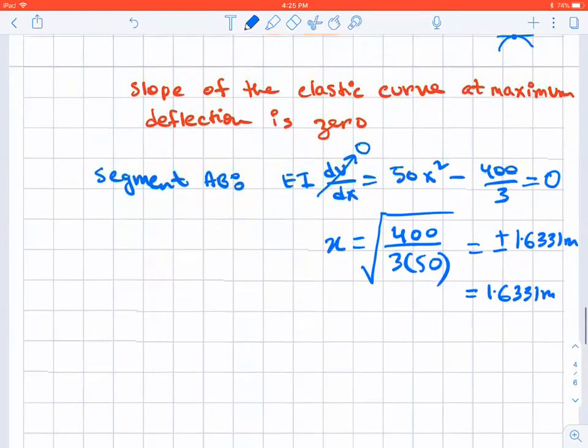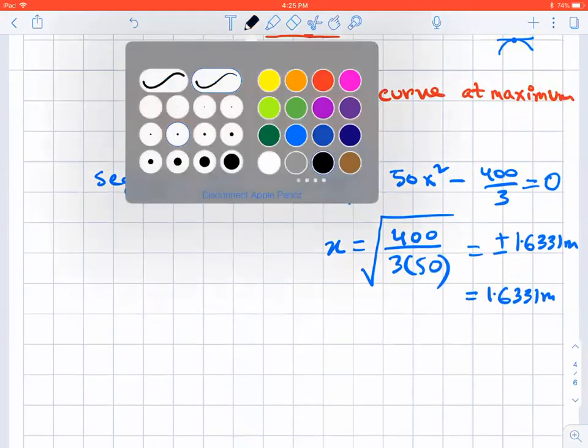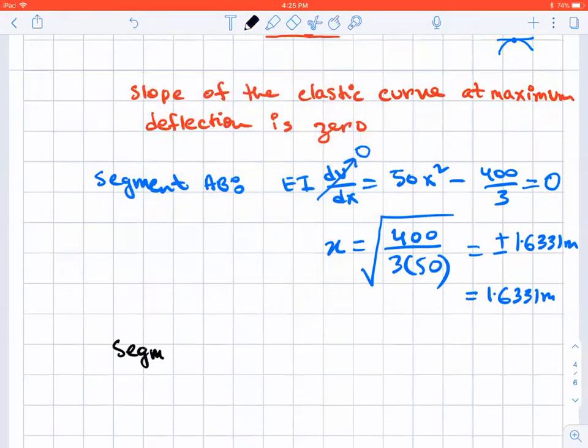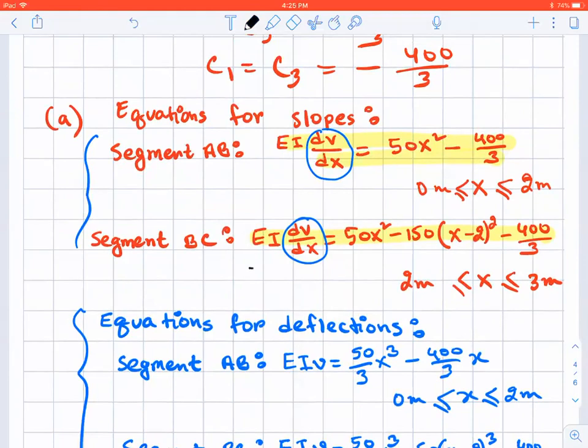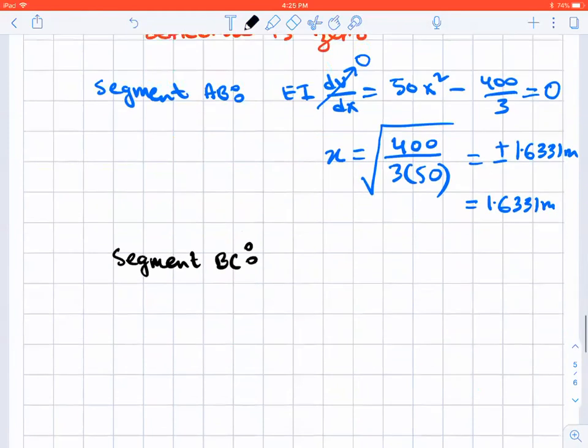Now I'm going to do this for segment BC. For segment BC, this is my equation, and I'm going to put it equal to 0.